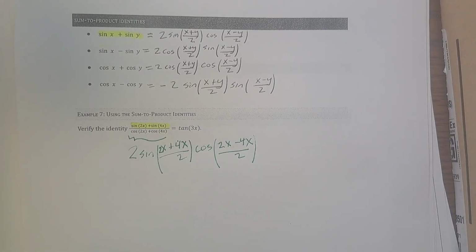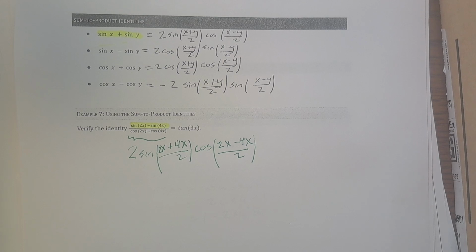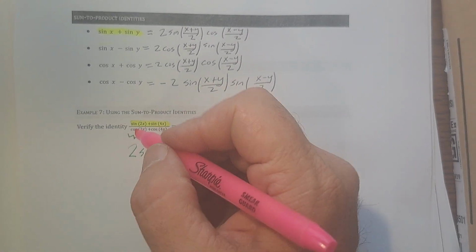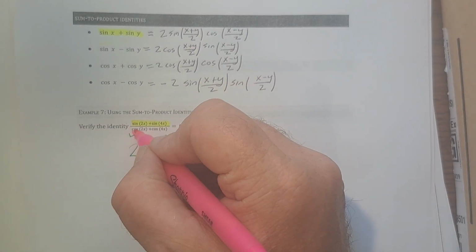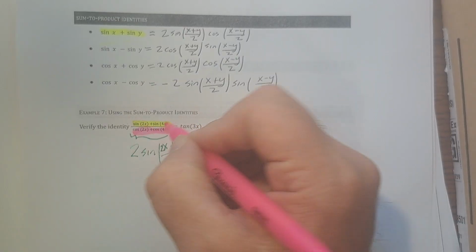And your denominator is the sum of two cosine functions.